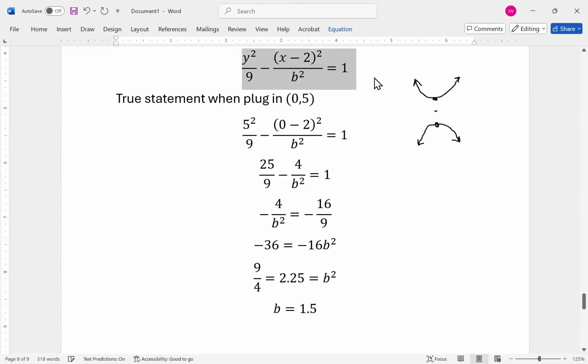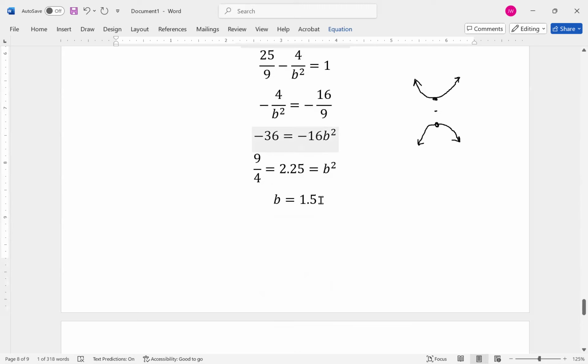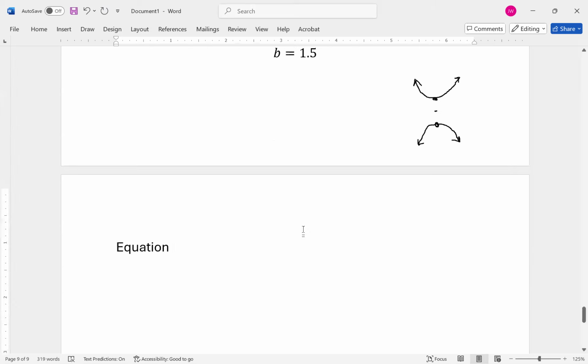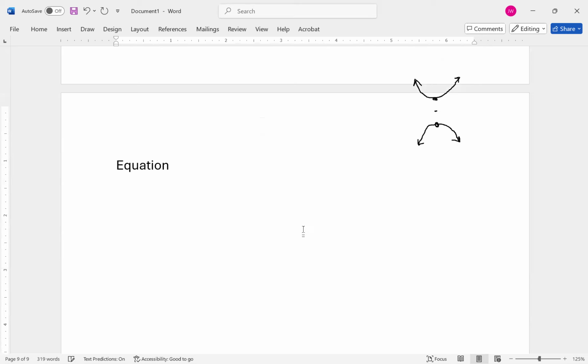All that said, solving this for b shows me what value of b I need in my equation. So now I know my equation exactly, where b is 1.5, or in other words, b squared is 2.25. And that's the equation I was looking for.